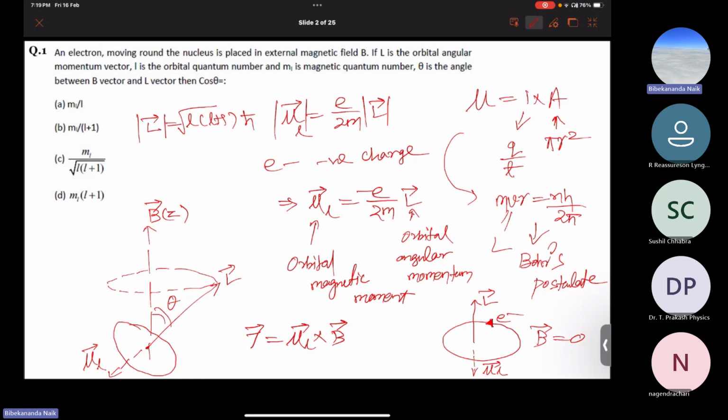Now this revolution is called Larmor precession, and the frequency of revolution we call the Larmor frequency. This is Larmor precession.